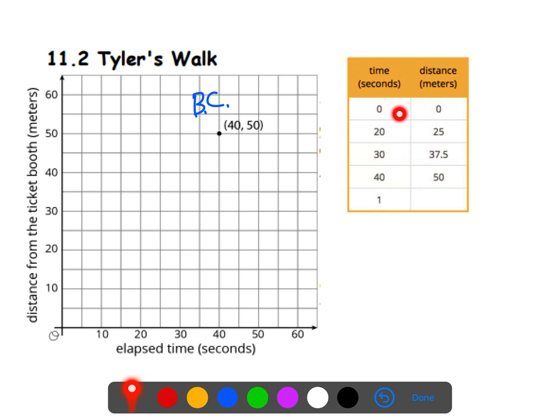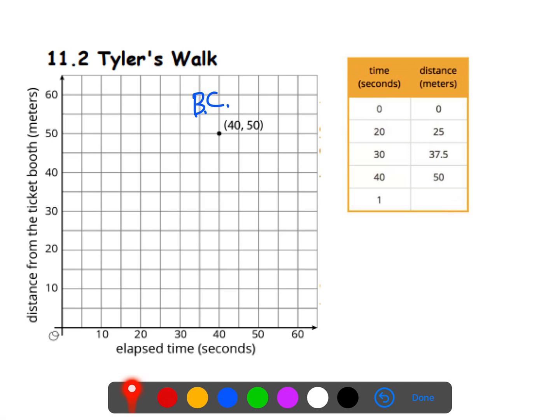We know 0, 0 has got to be a point because that's the origin of the graph. And if it's a proportional relationship, this must be a point in our data. But 1 second, we want to see what distance he has traveled. That's going to be a unit rate. That's going to be giving us our constant of proportionality. That's a very important ratio in this situation, in this proportional relationship.